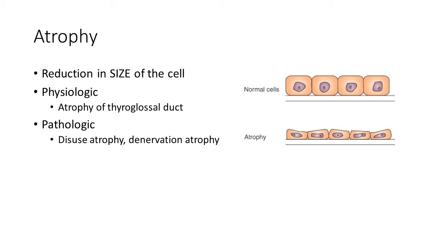Yes, you are right, so keeping your brain unused for a long time is not advisable. Another example is denervation atrophy, when there is interruption in nerve supply to a particular limb. For example, a paralyzed limb can undergo atrophy. You must have seen it, a paralyzed limb which is also atrophic.